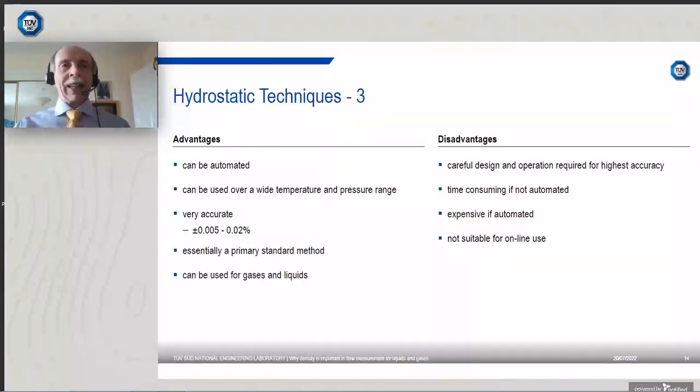You can be talking of a day to get one data point if they're not automated. Conversely, automating them tends to make them expensive because the systems that you need to do that tend to be bespoke and require one-off designs almost. And they're not really suitable for online or inline use because they are, as I say, more of a primary standard type of device.